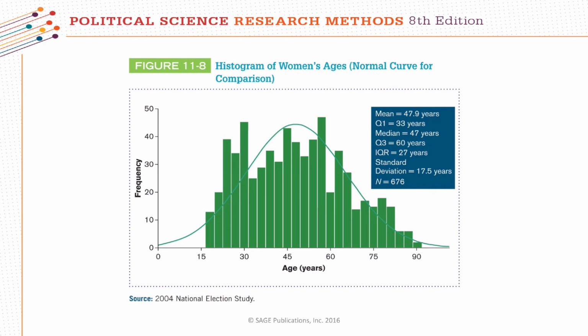So again, what is all this about? It's about describing the data. It's about description. There's no statistical test in here, no analysis per se. It's just description, a type of qualitative analysis with quantitative information. That's what descriptive statistics are all about.